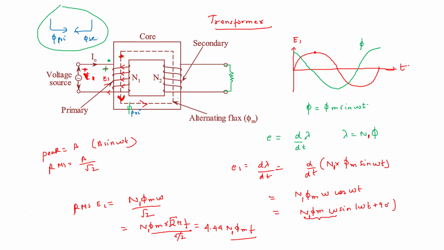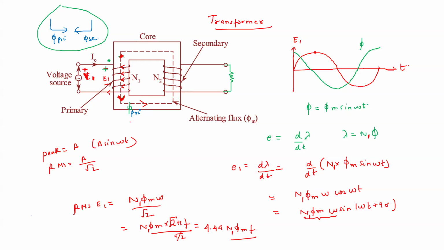The cause was this flux phi, so it is trying to oppose this cause. The effect, which is the current that will flow, should flow in such a way that it opposes this basic flux.